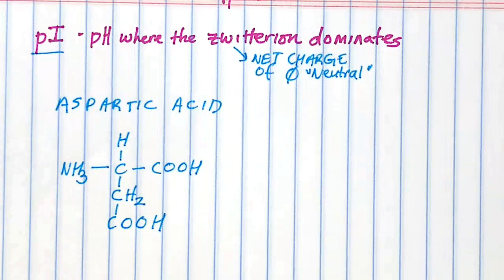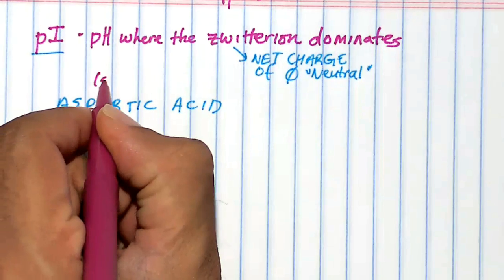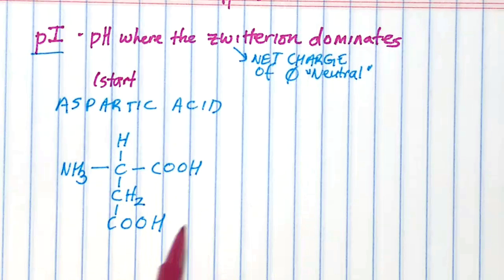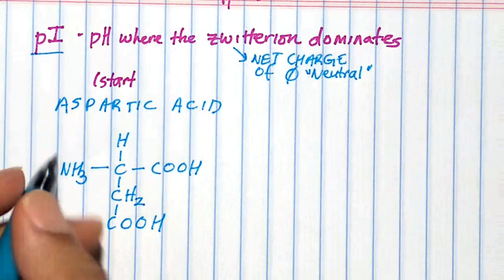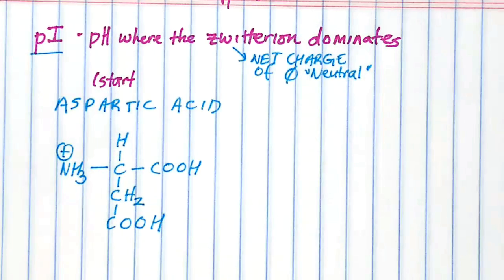So start with the protonated form on these pI problems. I've seen students mess up where they start with a form where the proton has been taken off. No, you want to start off where all the protons are on every part of the molecule.